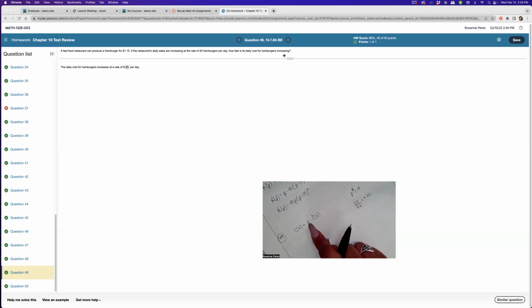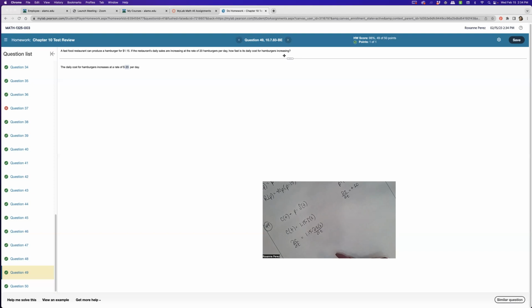I can plug in price here, right? Because that's already set. So C of T equals 1.15 S of T. I'm going to take the derivative of C with respect to T, and 1.15 times the derivative of S of T with respect to T.